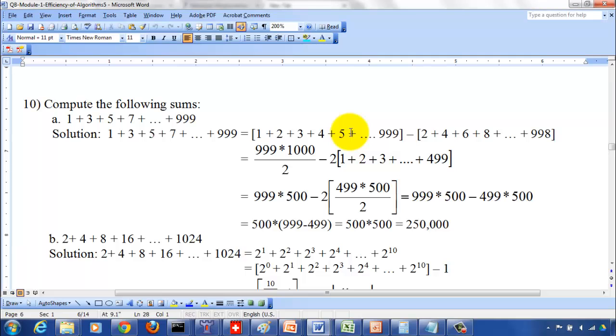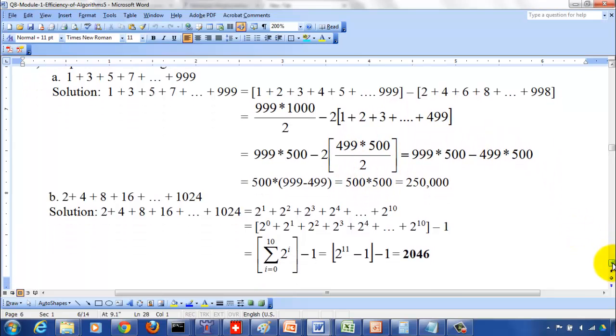I can say it's 1 plus 2 plus 3 up to 999, minus all the even terms, 2 plus 4 plus 6 plus 8 up to 998. Now I have this as a summation of n terms, so it's n times n plus 1 over 2. So 999 times 1000 over 2, minus 2 times 1 plus 2 plus 3 up to 499, where the sum is 499 times 500 over 2.